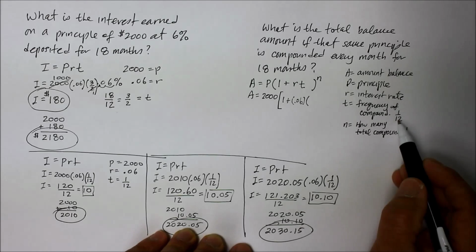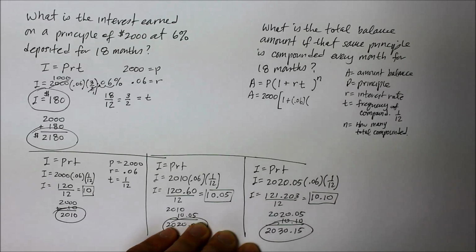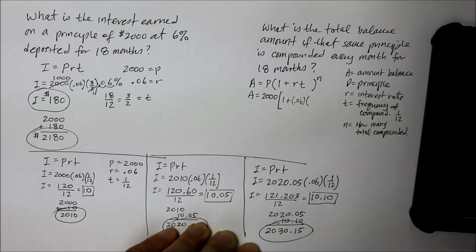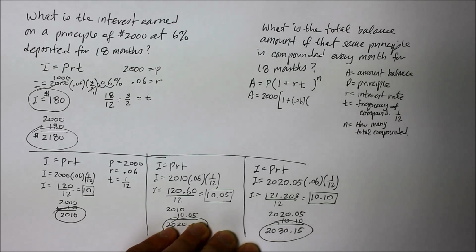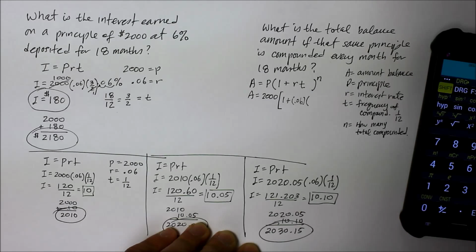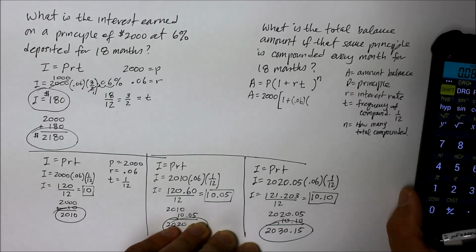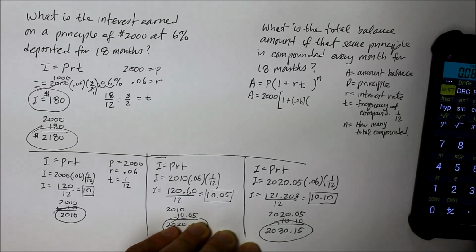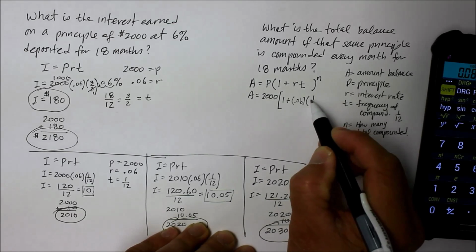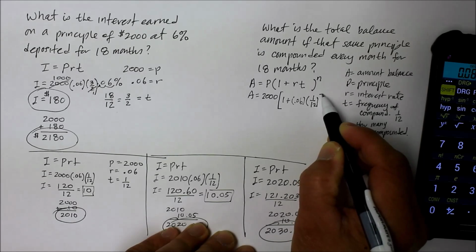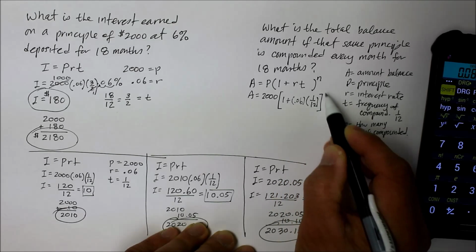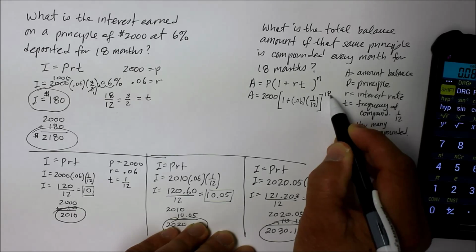Now since we're going to be using a calculator, let me go ahead and convert that 1 out of 12 using my calculator. 1 divided by 12 is going to be some repeating number. That's not good. Let's not use the converted version. Let's go ahead and use 1 out of 12, times the whole quantity raised to the 18th power.